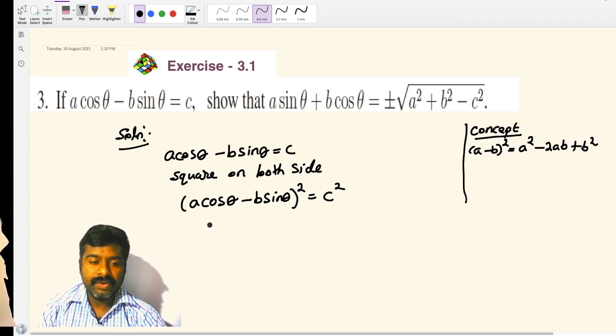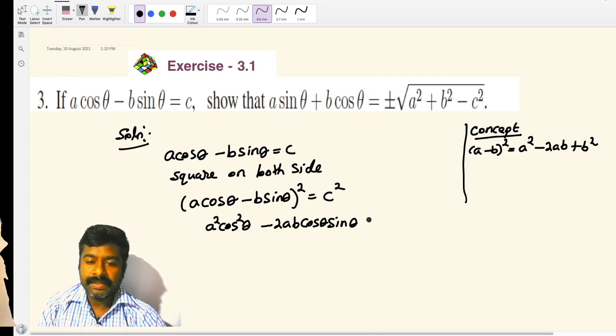So a square minus 2ab plus b square becomes a square cos square theta minus 2ab cos theta sin theta plus b square sin square theta equal to c square.